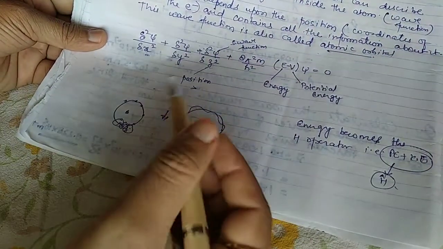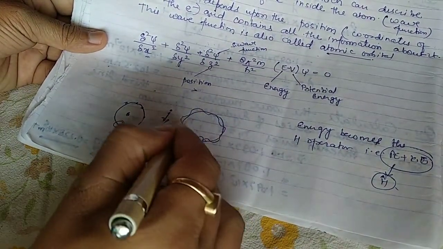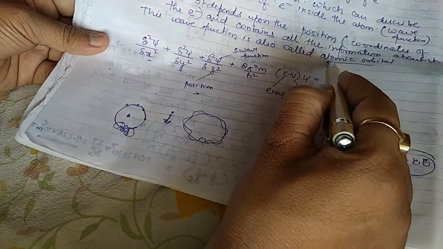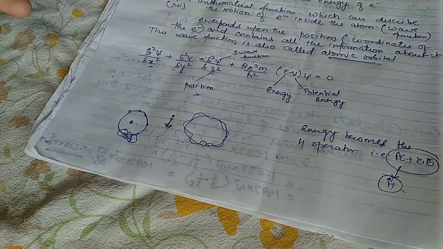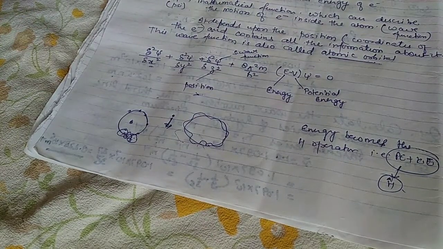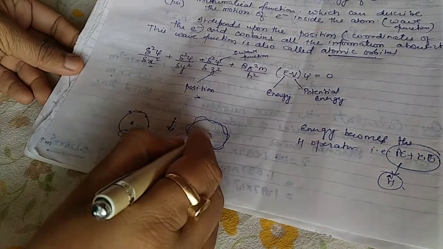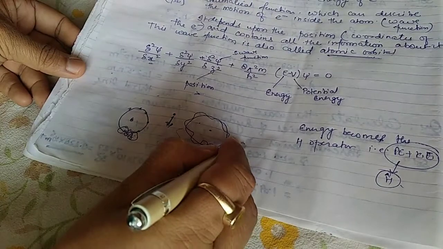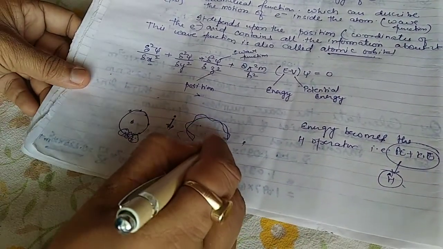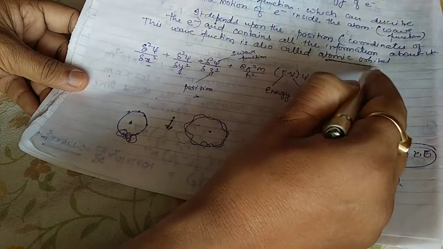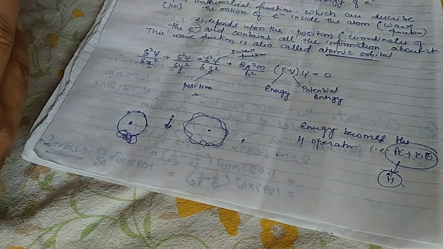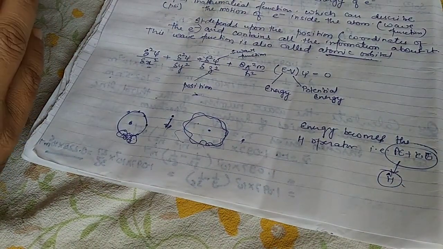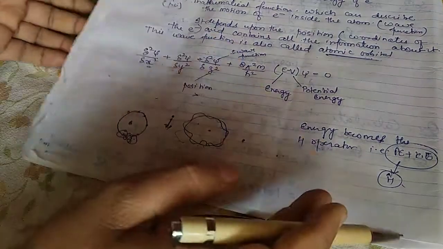And this psi is the path on which the electron is moving. So this is also known as atomic orbital, because the particle is present only on this path. The particle is not present here, right? So the space around the nucleus in which the particle is present is known as orbital.